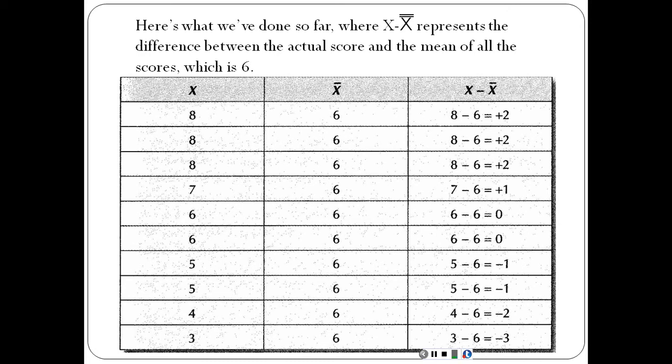Notice some end up with positive numbers, some end up with negative numbers. So this is what we've done so far, where each individual score minus the mean represents the difference between the actual score and the mean of all the scores, which is 6.